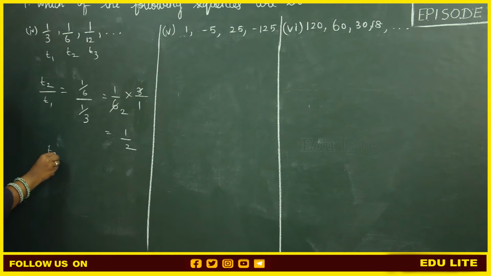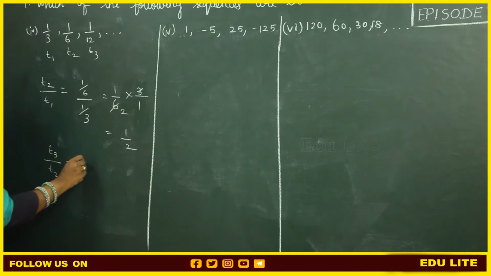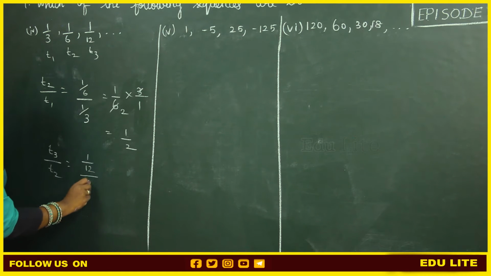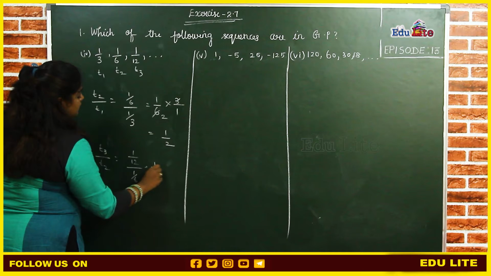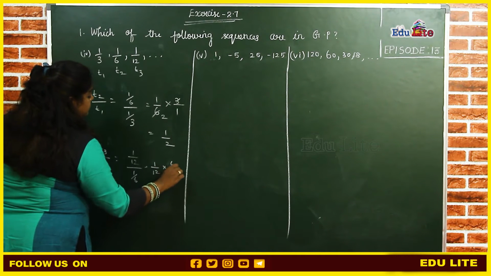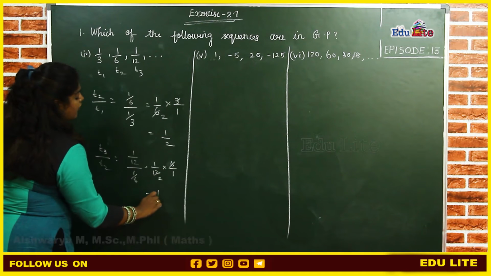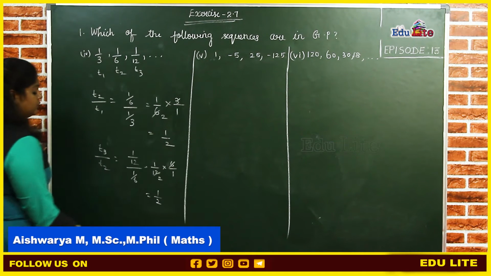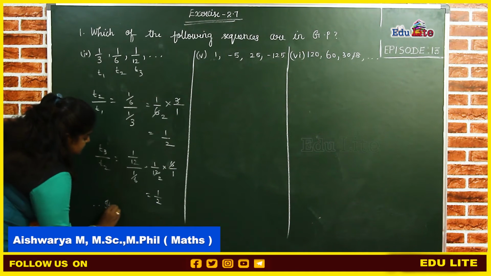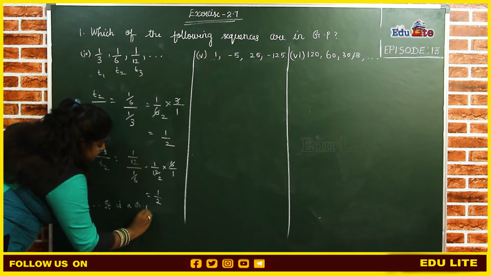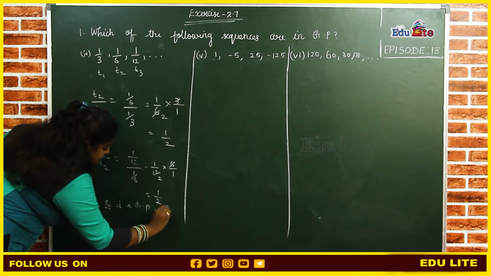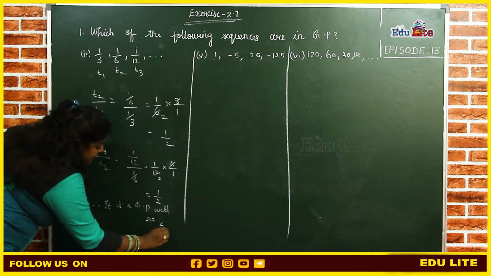Next is T3 by T2, 1 by 12 divided by 1 by 6, which is 1 by 12 into 6 by 1. So, therefore, the common ratio R value is 1 by 2 which is constant. It is a GP with R equals 1 by 2.